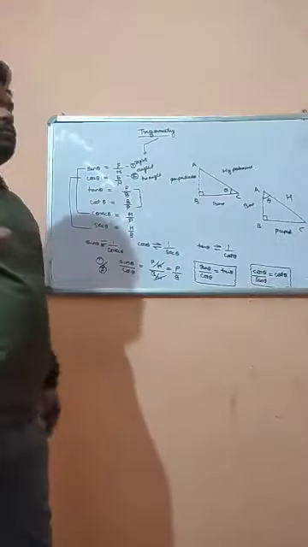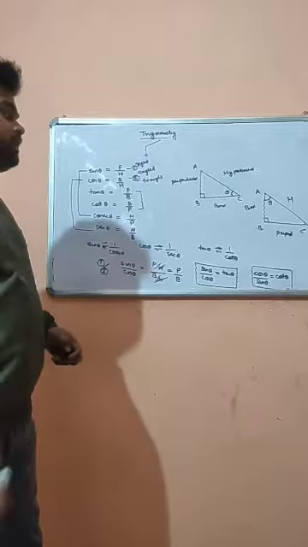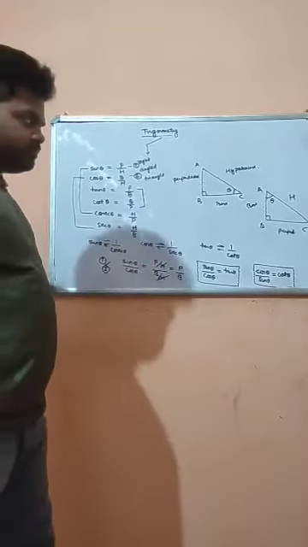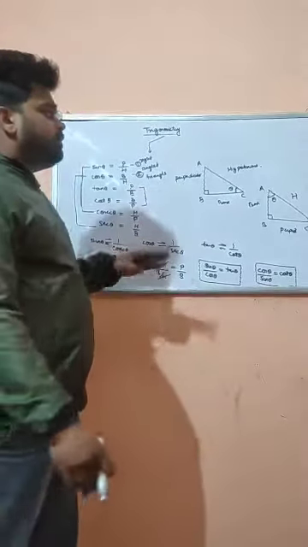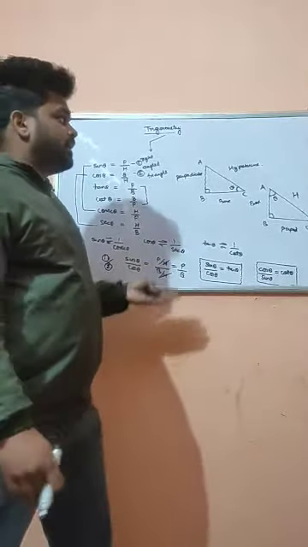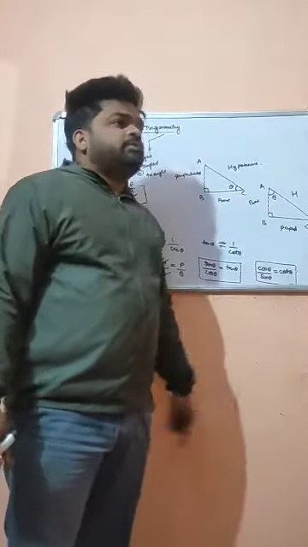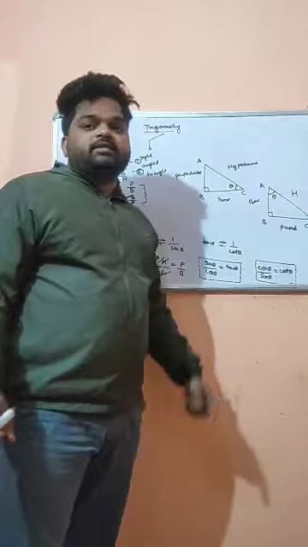It means if you are defining trigonometrical ratios for a theta, then the perpendicular and base are not fixed. Theta will decide which side is the perpendicular and which side is the base.